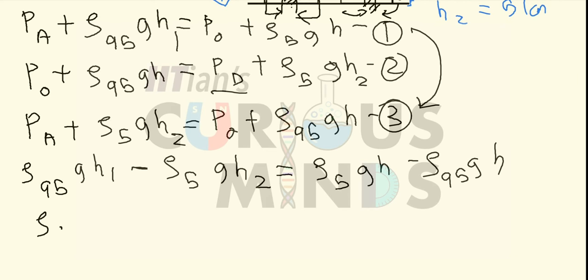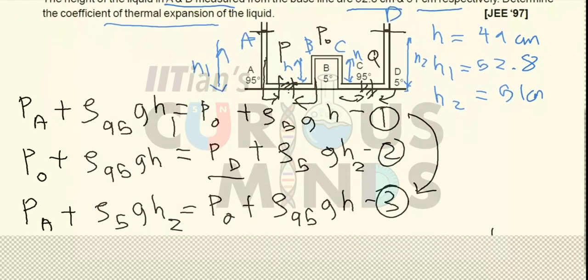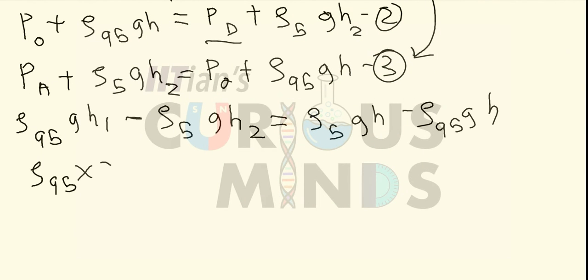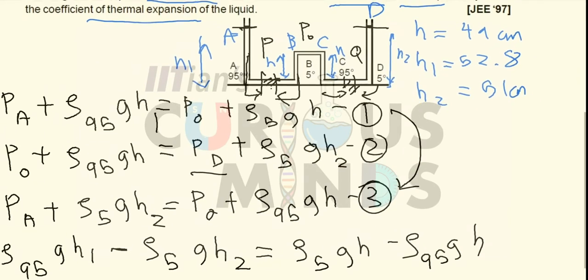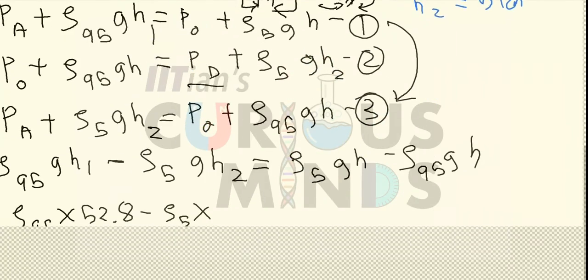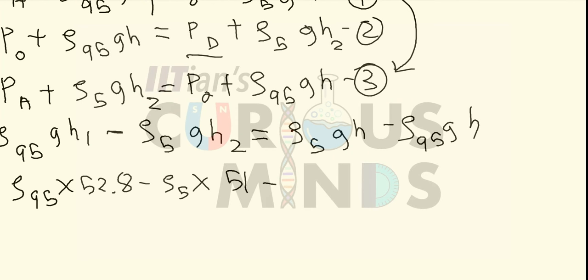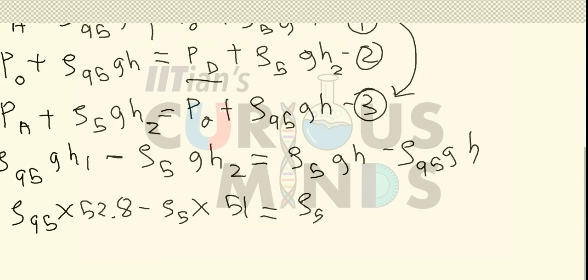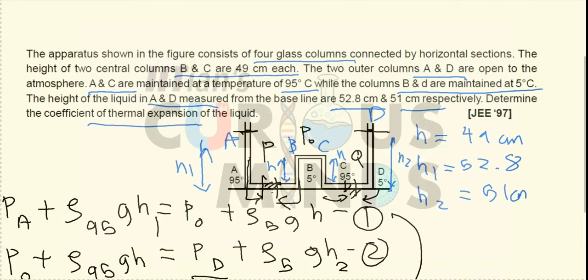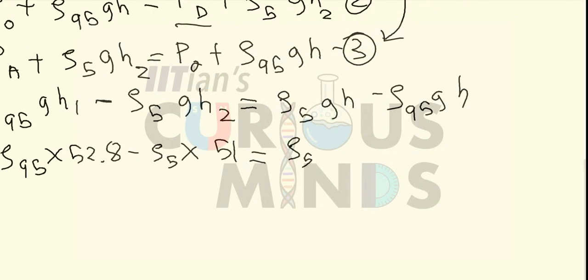So density at 95 degrees Celsius into H1, the height H1 is given as 52.8, minus density at 5 degrees Celsius, and the height H2 is given as 51, is equal to rho 5 into the central height h, which is given as 49, minus density at 95 into 49.